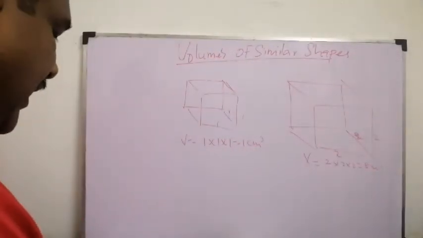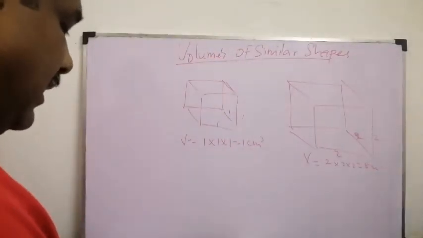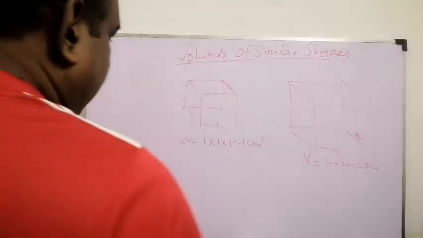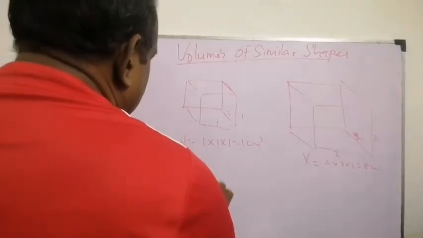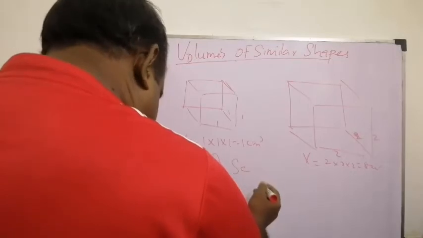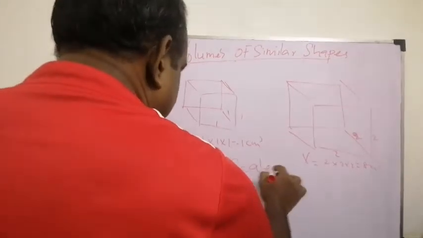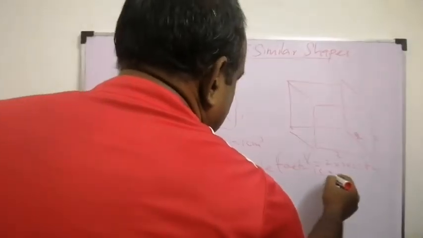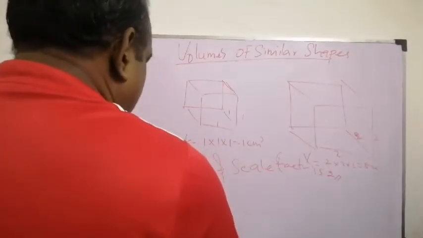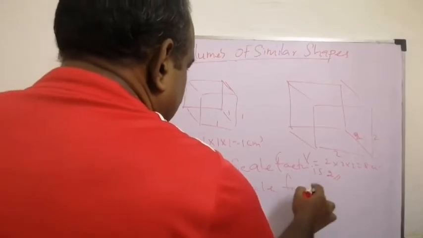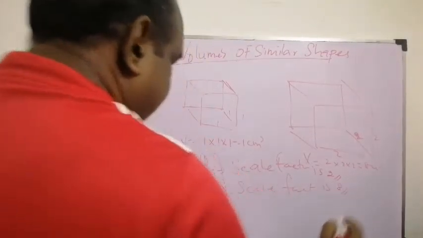Now what you can say is, when the length is doubled, the volume is going to be, when the scale factor of the length is 2, the scale factor of the volume is going to be 8.